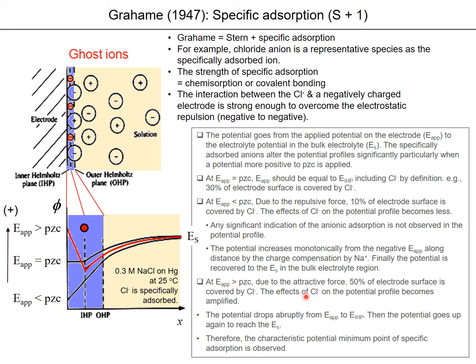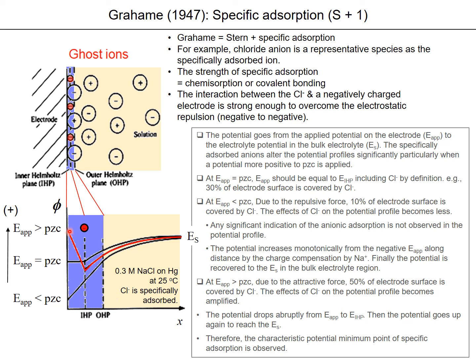So we have a lot of chloride minus anions on the surface of electrode due to the specific adsorption. It happens because we have a more population of chloride minus anions around the surface of electrode because we have applied a positive potential. Therefore, the effect of chloride minus on the potential profile becomes amplified.